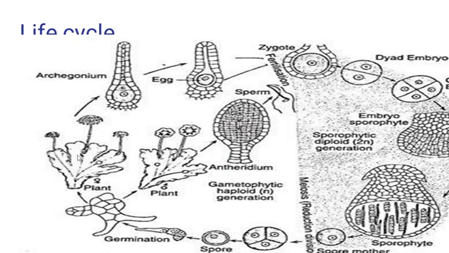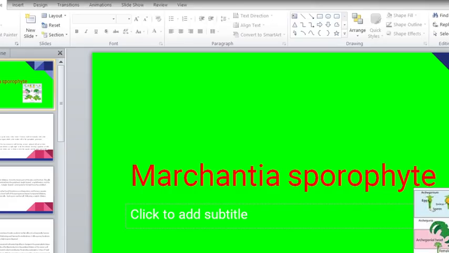The plant and the development of sex organs come under the gametophytic phase. So in Marchantia the alternation of generations takes place, and in this way the life cycle of Marchantia is completed. Thank you.